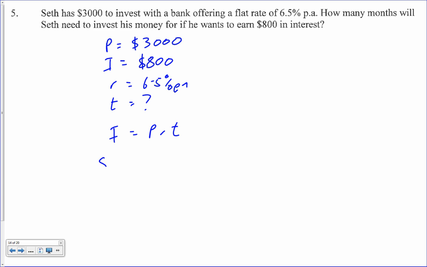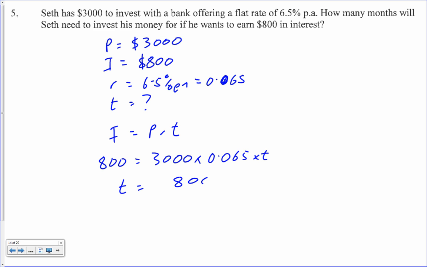So we've got 800 equals 3,000 times by 0.065 times by T. So T equals 800 over 3,000 times by 0.065.